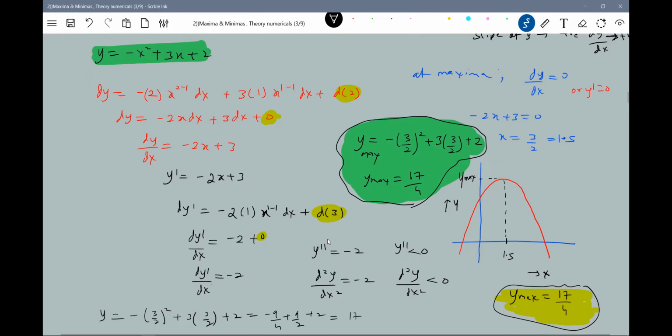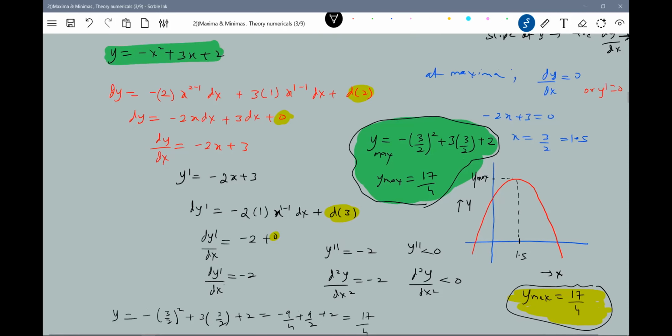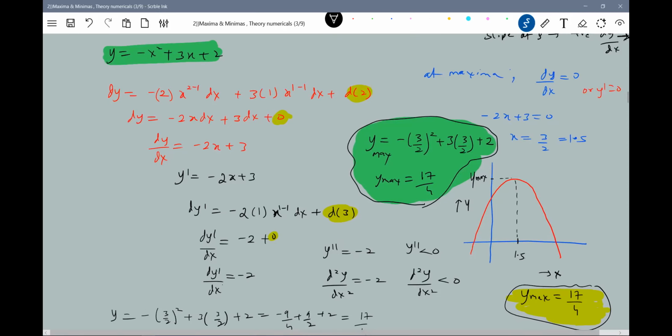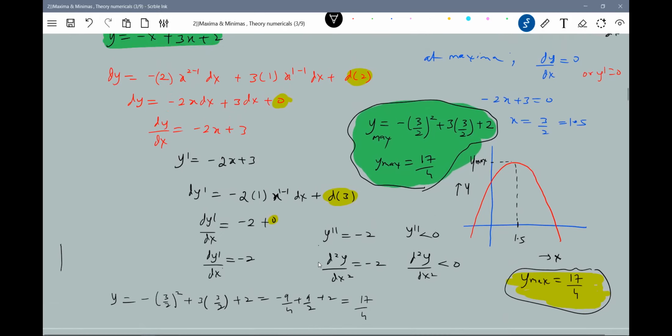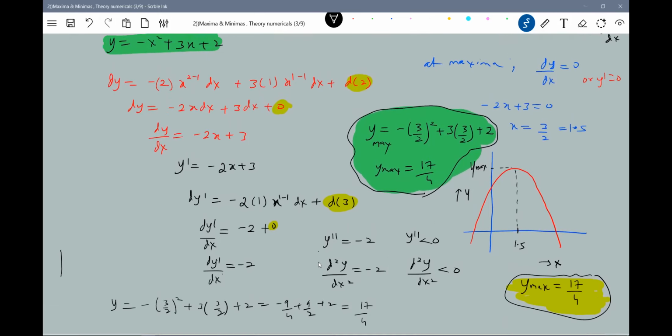Solve it, we get the maximum value 17 by 4. That's what I wrote, the maximum value of y is 17 by 4.